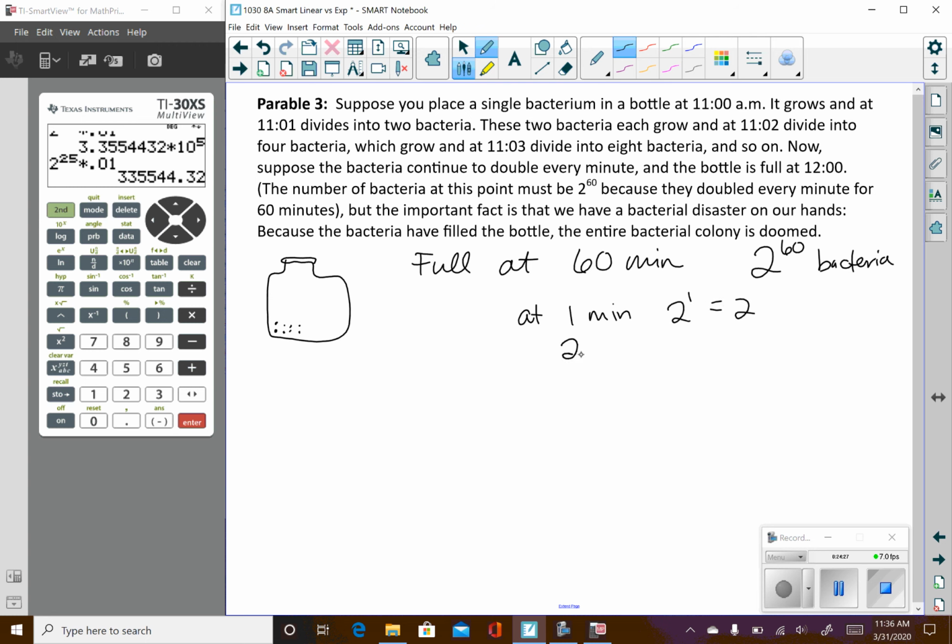And after 2 minutes, there was 2 to the power 2, which is 4 bacteria. So 2 to the 60th bacteria is when it is full. That would be a disaster for the poor bacteria because now their bottle is full and they're going to start dying. But anyway, we've got loads of bacteria at noon.